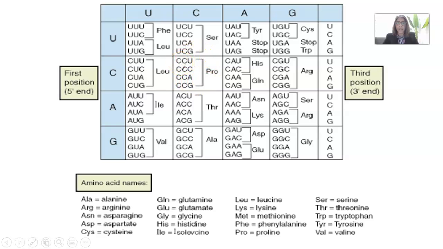And if we said that the third one was A, we look across at A and we see that the code is CCA, and therefore the amino acid code is pro. And if we go down to our table, we can see that pro is proline. So this is a skill that you need to practice, and you need to understand that this is what we are looking for. And sometimes you'll be asked to work backwards from this using your knowledge of base pairing.